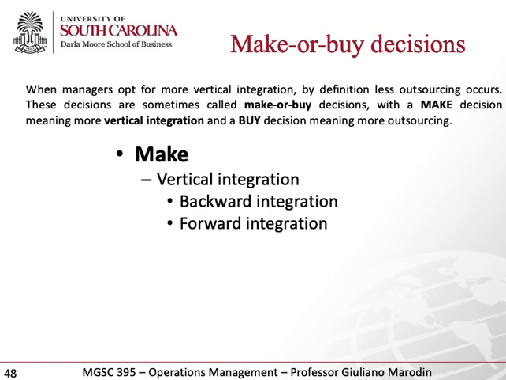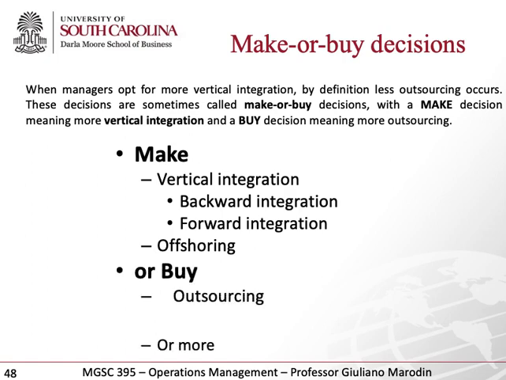So basically, to summarize, I have some options for anything that I need to produce my product or service. I can either make it internally, so I can integrate backwards or forwards, right? I can integrate some parts that I'm not producing now and I'm going to start producing.